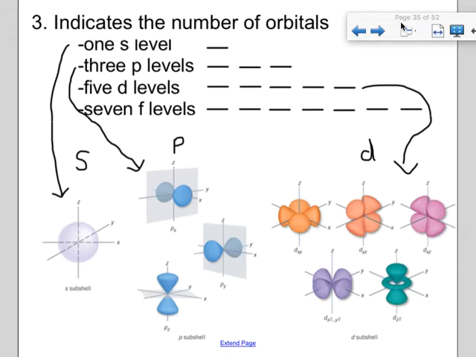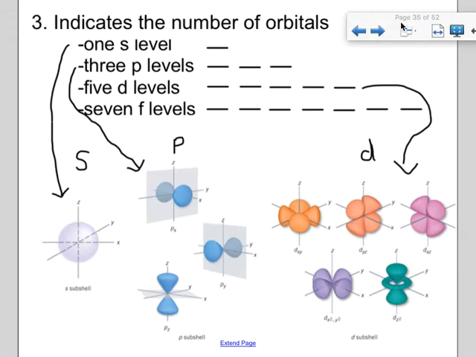I did 1s, it's gone. Now you're going to do 2s. You just move on down. Did you say you always start with 1s? Always. Now we have 2s. S can hold how many electrons? 2. So 2 plus 2 is 4 electrons, but we have to get to 6. What's the next energy level according to the periodic table?